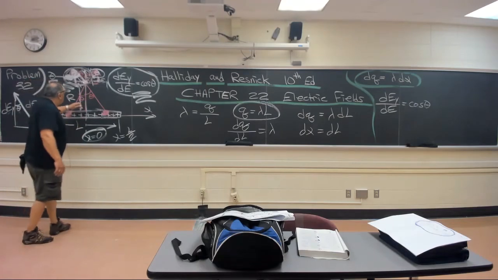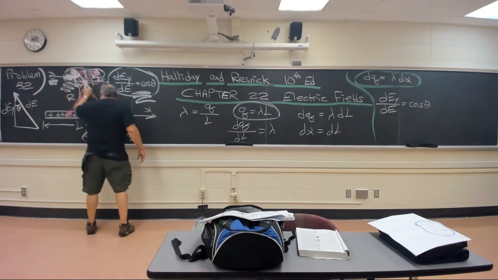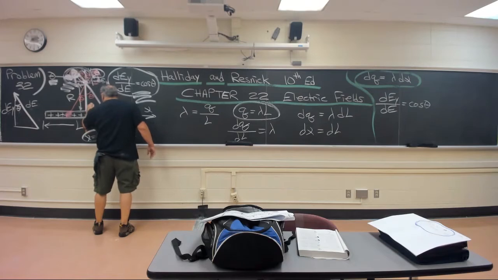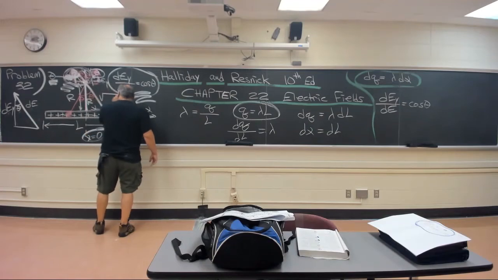Here's theta. To get the cosine of theta, if this is length R and this is x, the hypotenuse is the square root of the quantity R squared plus x squared.